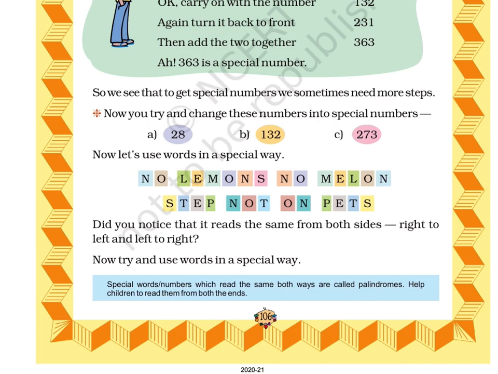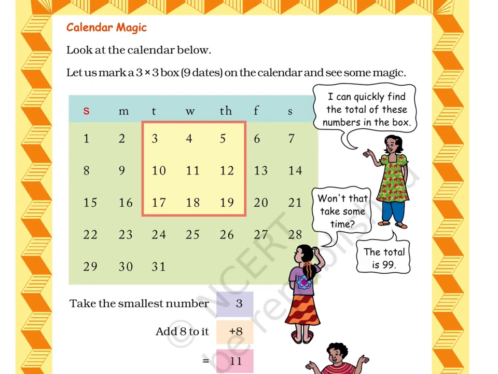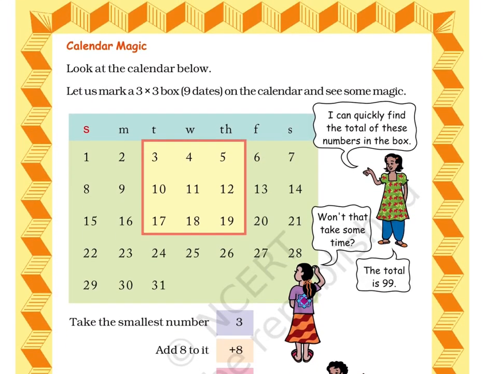Page 107. Calendar Magic. Let us mark a 3 by 3 box, that is 9 dates on the calendar, and see some magic. The dates selected are row-wise 3, 4, 5, 10, 11, 12, 17, 18, 19.